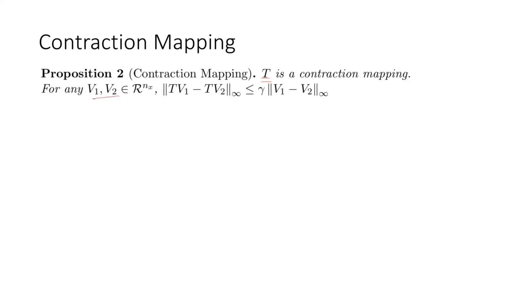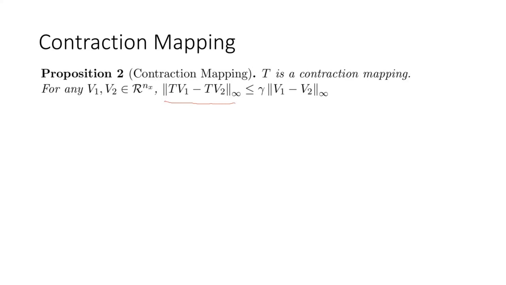Consider two vectors, v1 and v2. Think of these as two value functions. Assuming that you give v1 as the input to the Bellman operator and v2 as the input to the Bellman operator, the norm of Tv1 minus Tv2 is going to be less than or equal to the norm of v1 minus v2.